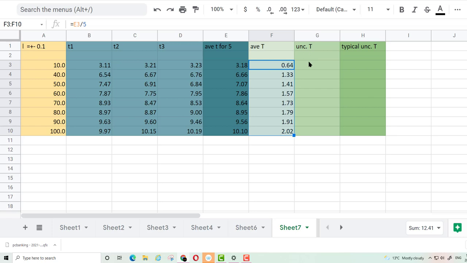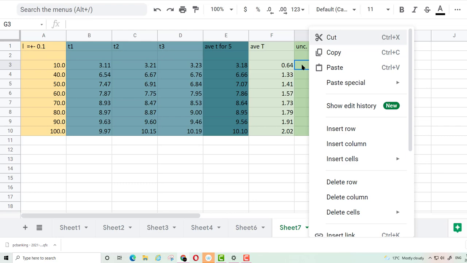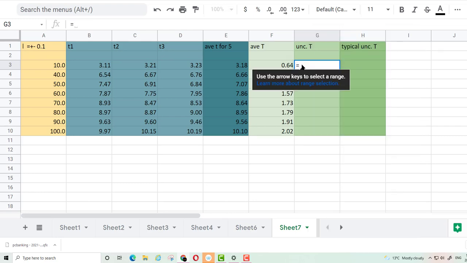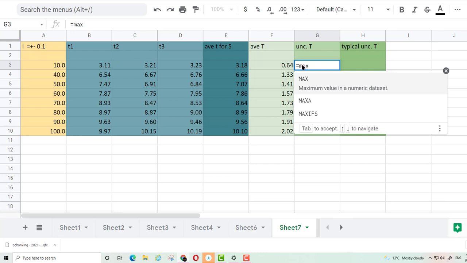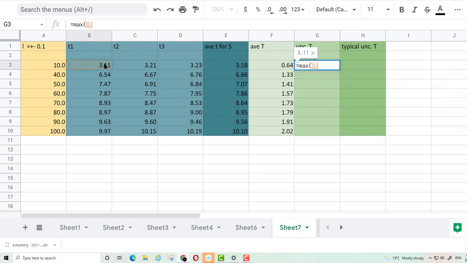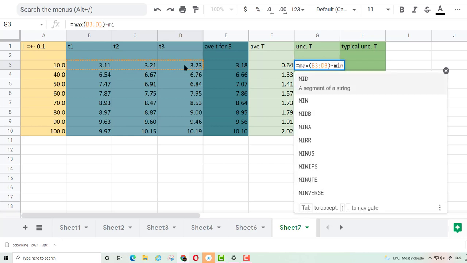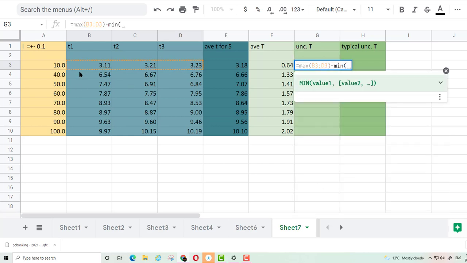We also need the uncertainty in the period. So that's basically going to equal the range of those 3 numbers divided by 2, so half the range, max minus min over 2. But then you've got to divide by 5 because the times here are 5 times as big as the period. So let's put all that into our formula. Equal sign, we want to take the maximum value of those 3 numbers, subtract off the minimum of those 3 numbers.